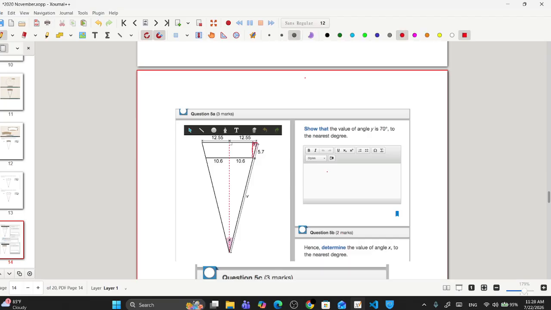That small triangle has a hypotenuse value of 5.7, and the base value is going to be 12.55 minus 10.6. And that becomes 1.95.